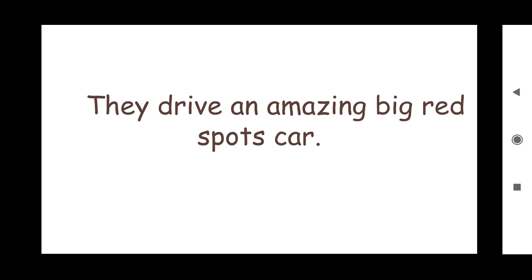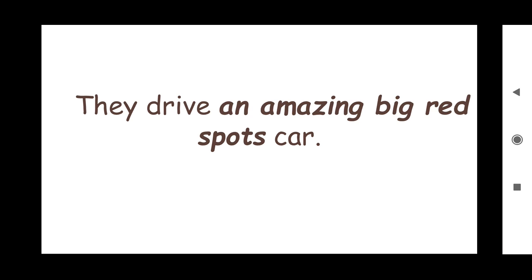In this sentence: they drive an amazing big red sports car. Here, the noun that we are interested in is car. So, can you identify all the adjectives that give information about car? Well, if you said amazing, big, red, and sports, you are correct, because all of those are adjectives.